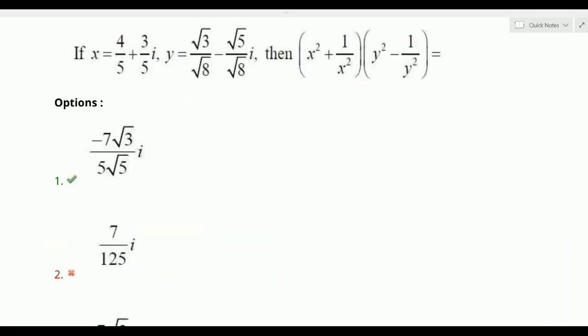In this question x and y are given like this. We have to find out x square plus 1 by x square, or y square minus 1 by y square. This calculation can be done in 2 ways. I will directly do x square, y square.